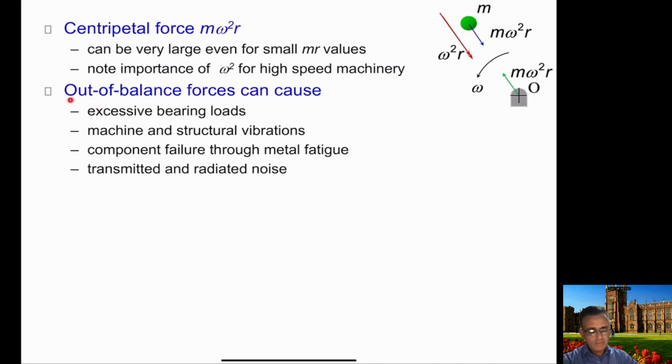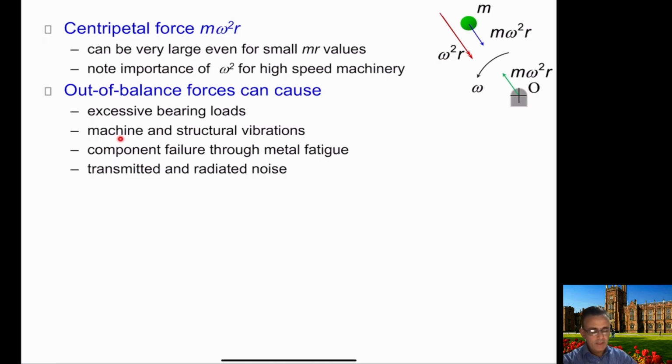Now the problem associated with this out of balance force is that it can cause excessive bearing loads. So for example, if we have a shaft and some gear is attached to the shaft, and if there is an unbalanced mass in the gear, and the shaft is rotating at a very high rpm, there will be excessive bearing loads on the bearings, which can ultimately cause failure in the bearings.